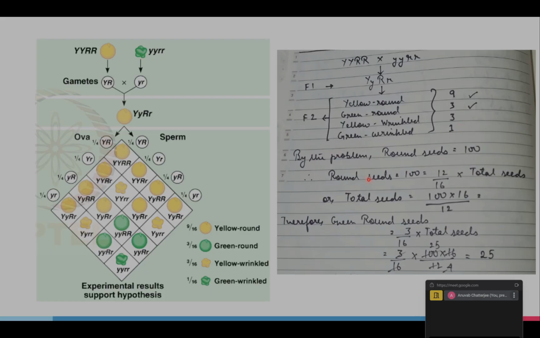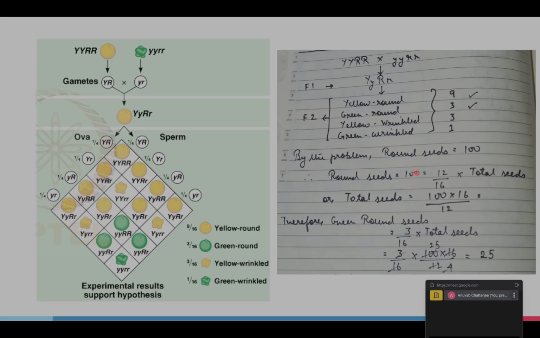By the problem, we know that the round seeds are going to be 100. That is what we have been told. To have a round seed, you will have only these two kinds: yellow round and green round are the only ones that are going to be round seeds, and the ratio is 9 plus 3, 12 out of the 16 total.